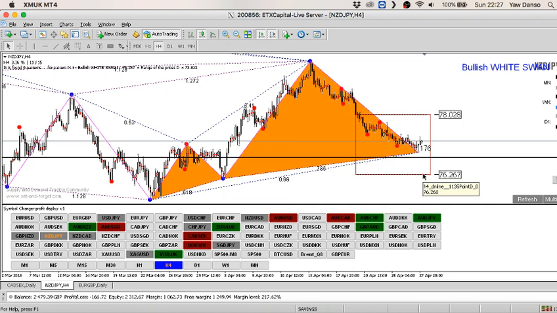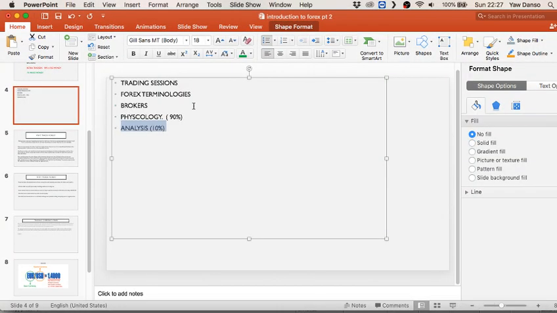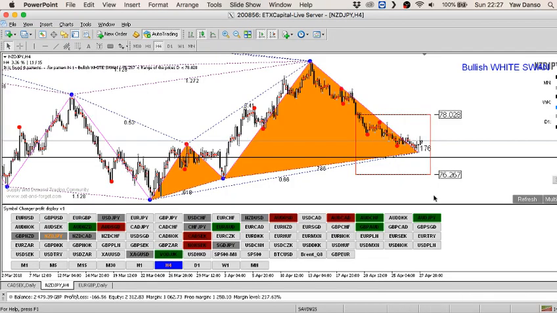Yeah, and that's the psychology part of it, and that's why I'm saying it's 90% this and 10% that, because sometimes you analyze the market, it will deviate. When I say deviate, I'll not say it's wrong. It will go more than what you expected, just a little bit, but then will you have that confidence?